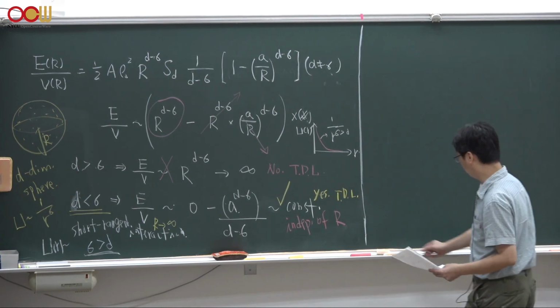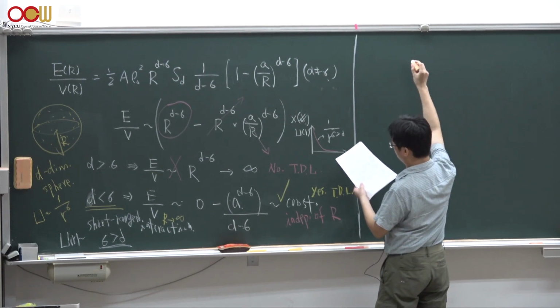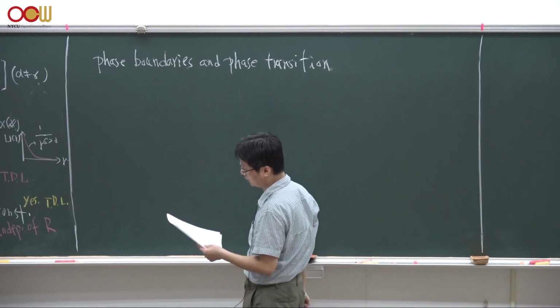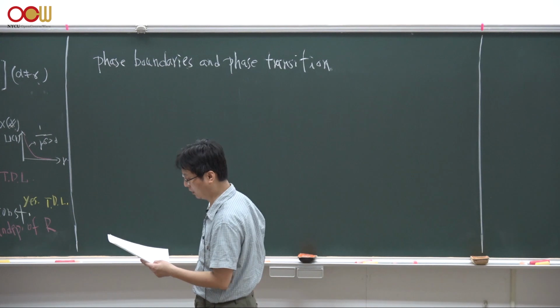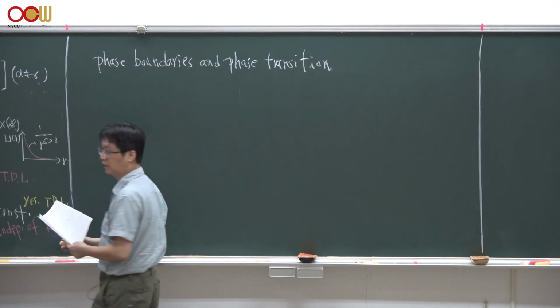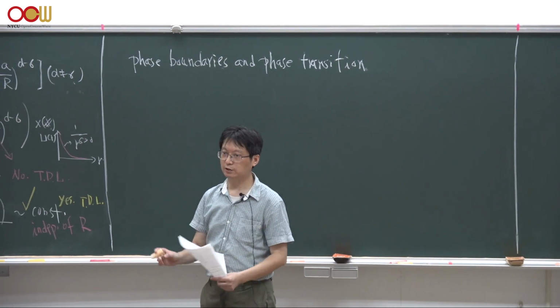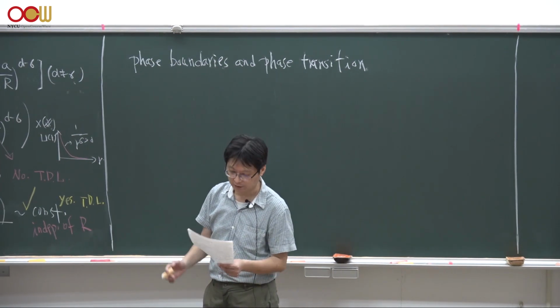So let's discuss another very important topic, which is phase boundaries and phase transitions. Over time we could draw some phase diagrams in terms of coupling constants and so on. And we could have some phase boundaries between phase A and phase B, and a critical point or a tricritical point or a critical endpoint, something like that.